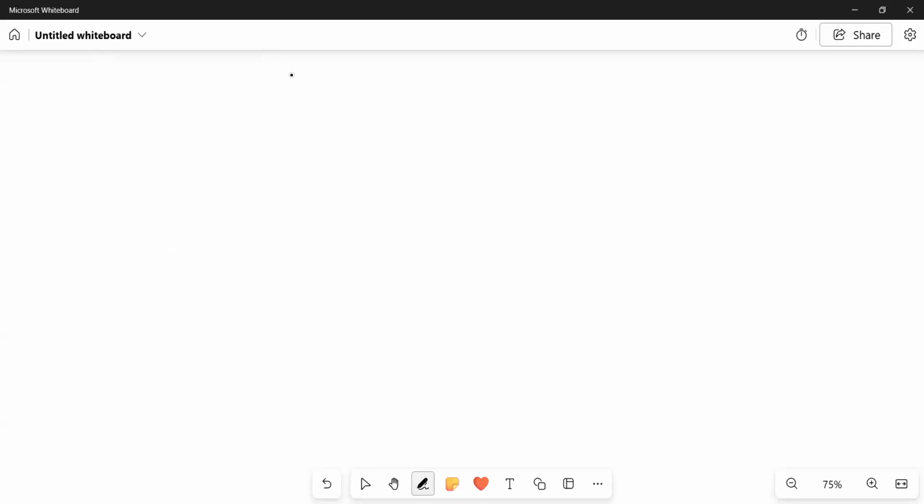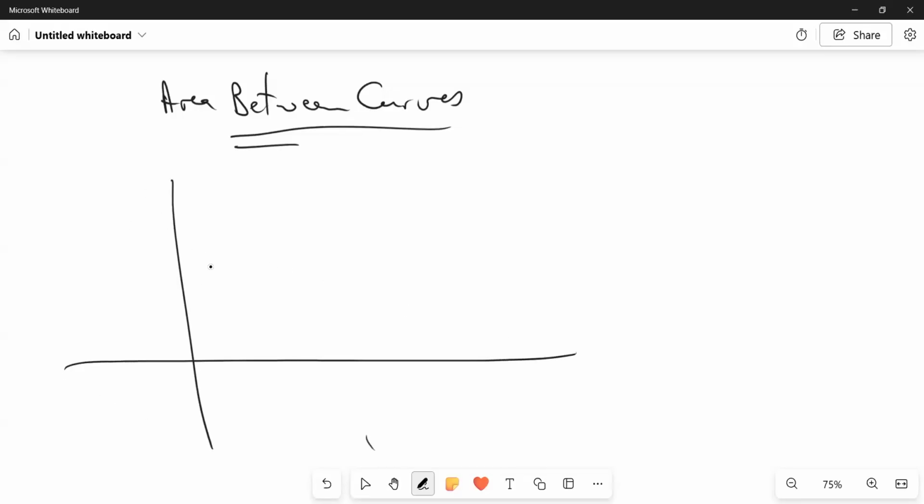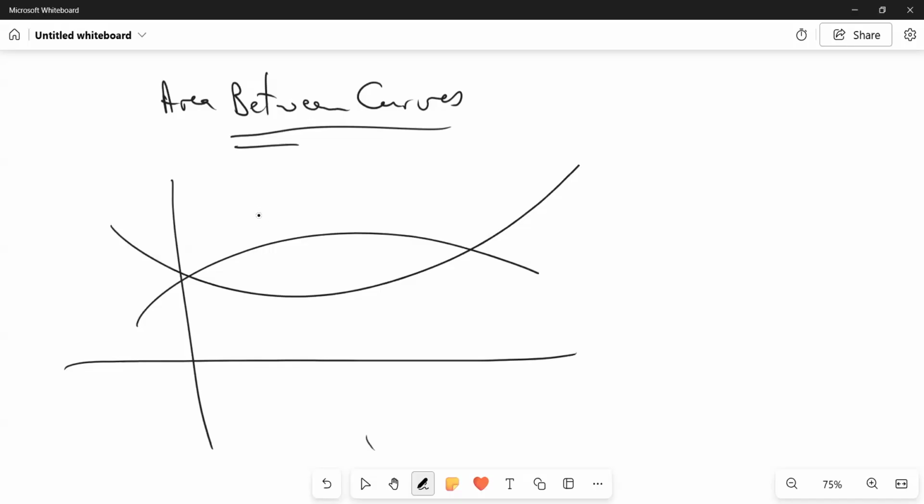What if you have two curves? Area between two curves. Let's say you have two graphs, one graph looks like this and the other looks like that.